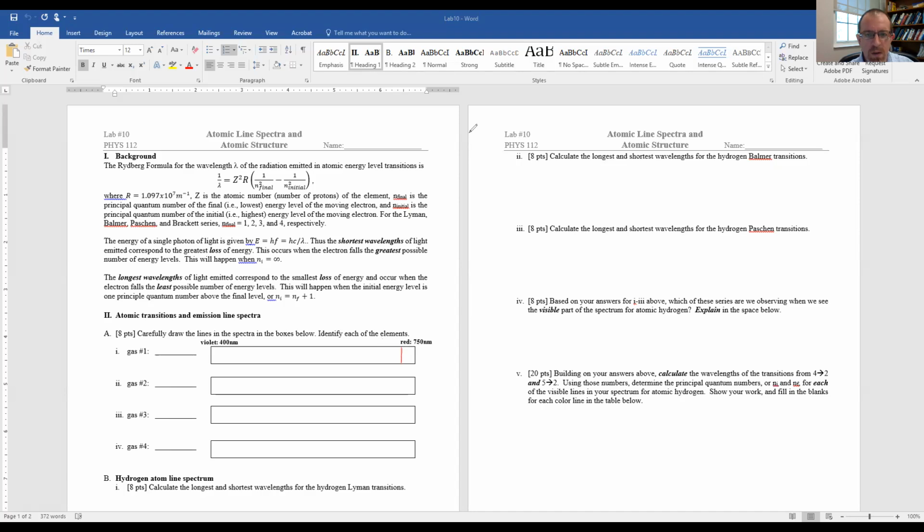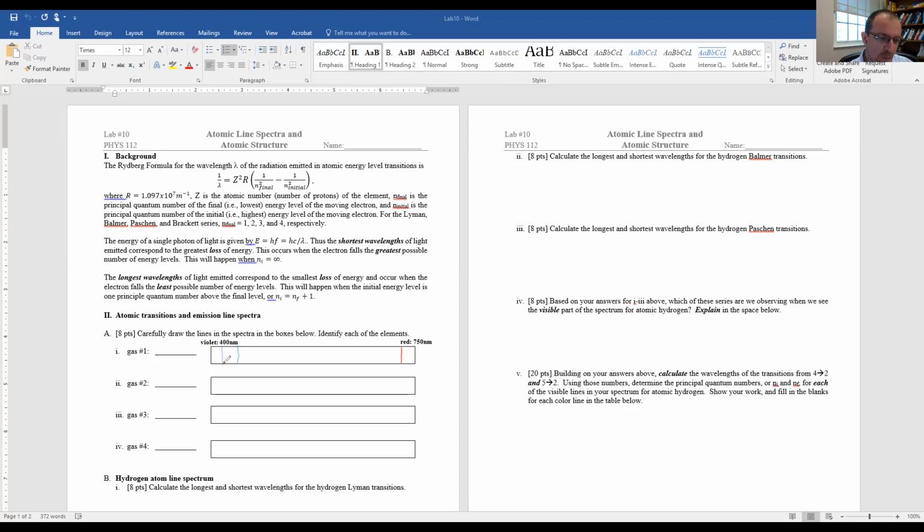I saw a red. I'm going to try and grab the colors. Maybe a blue. You notice I've got red right there, 750, and violet 400. I've got blue maybe right in here, something like that. You guys don't have to color code yours, but I happen to have access to it here, so I'm going to go ahead and do it.